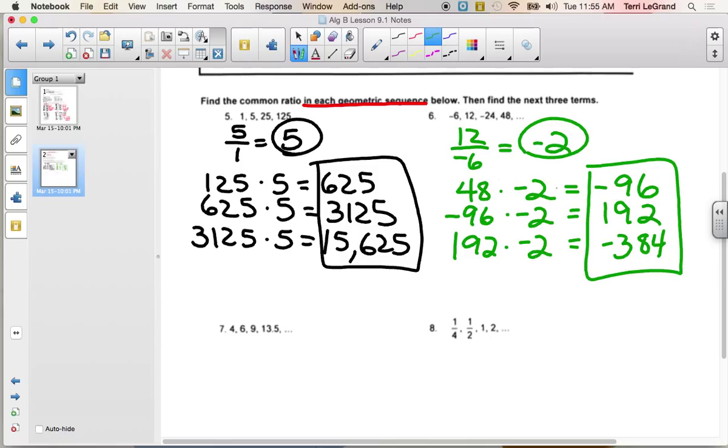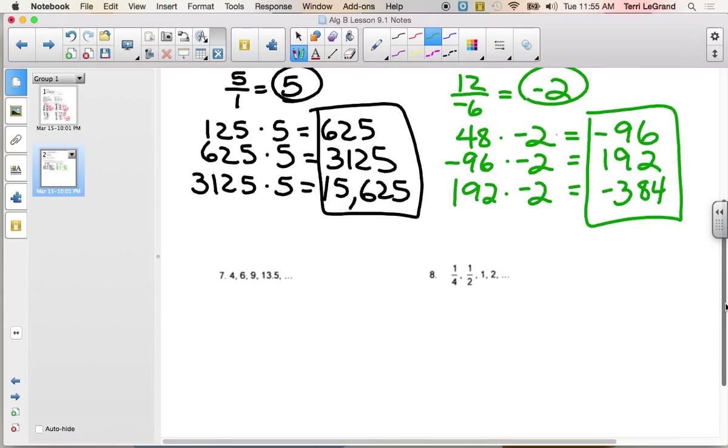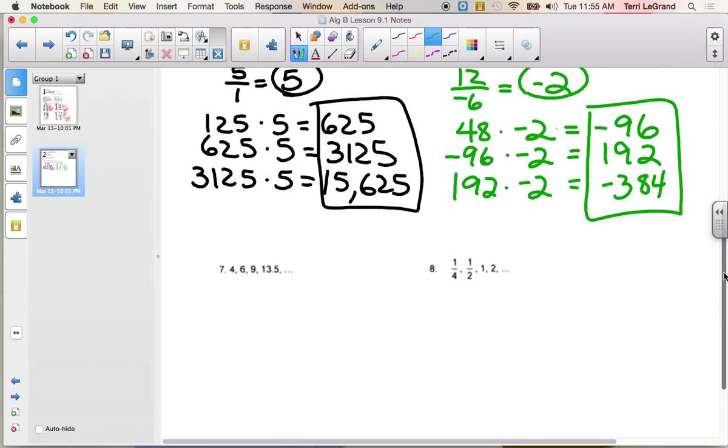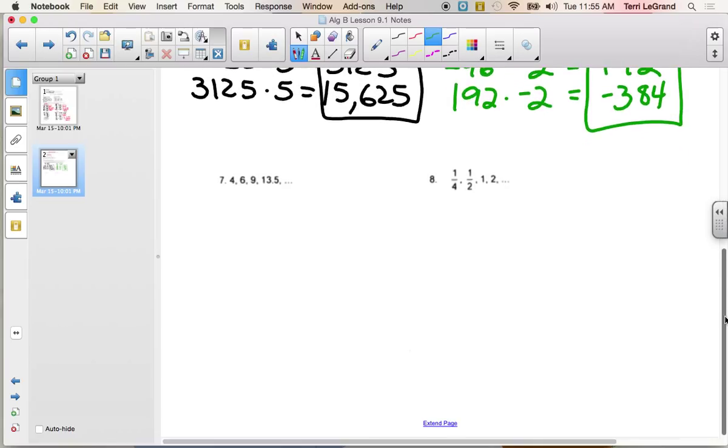So again, we should always stop, take the time, and make sense of your answers. Do they make sense? This is one of those times we can. Maybe when you were using the quadratic formula to solve quadratic equations, you couldn't quite get your head wrapped around whether the answer makes sense or not. But we're back to something where we can say, does this answer make sense? Okay.